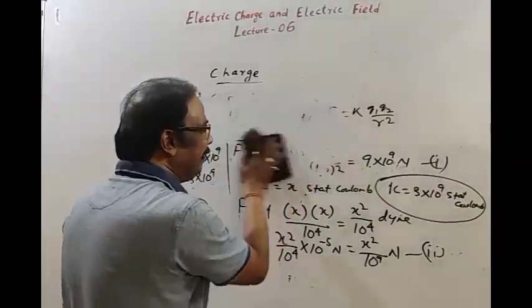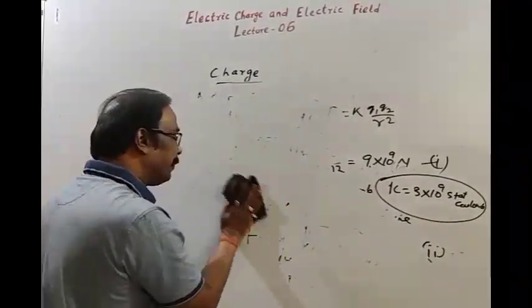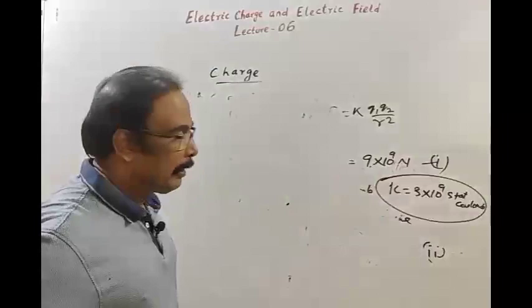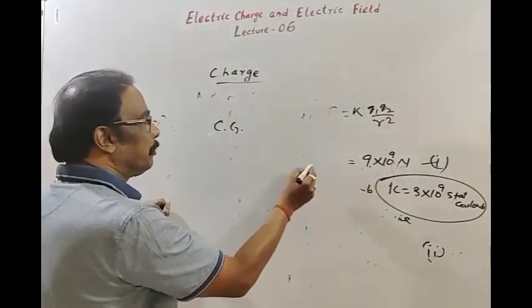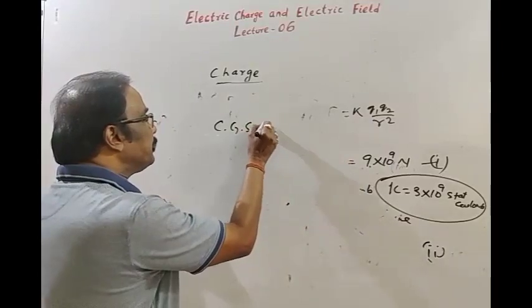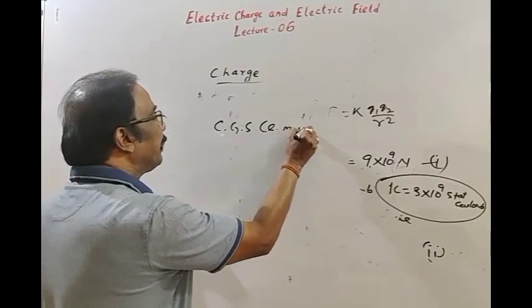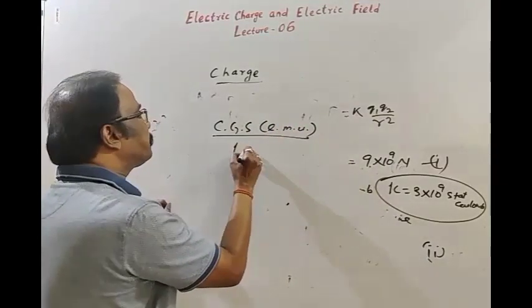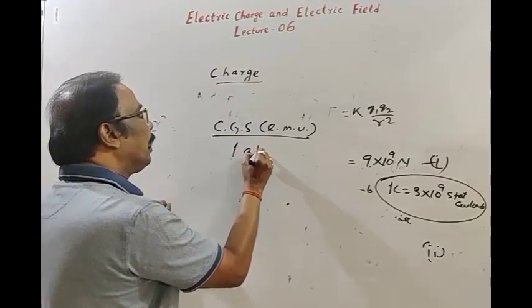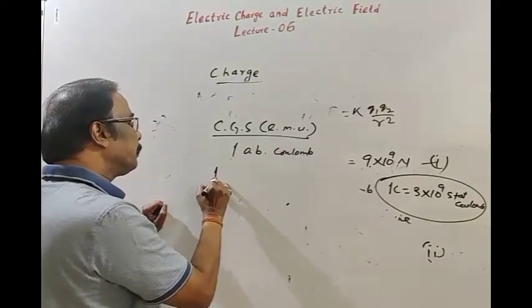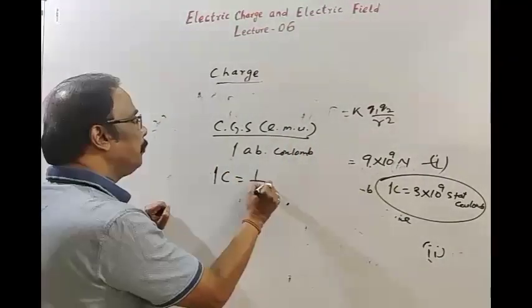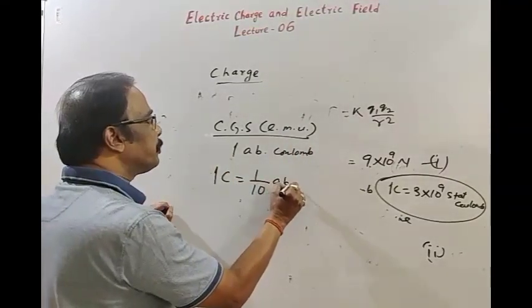Then in CGS EMU, electromagnetic units, the unit of charge is the absolute Coulomb. Simply remember that 1 Coulomb is equal to 1 by 10 absolute Coulomb.